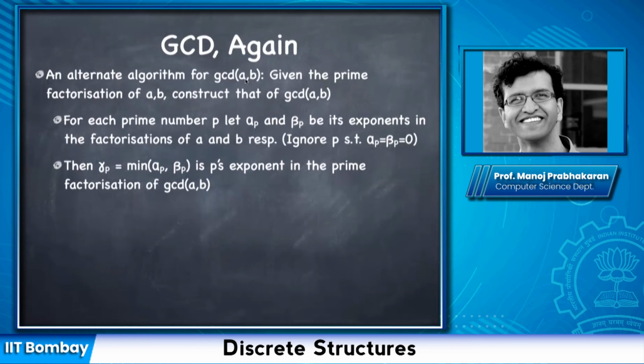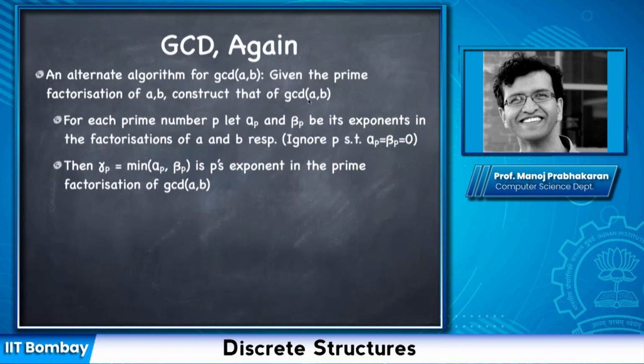To start off this algorithm, you need to factorize A and B. You need to find a prime factorization of A and B. From our theorems and their proofs, we know you can do it, even though not very efficiently. So suppose you're given the prime factorization of A and B. The plan now is to quickly figure out the prime factorization of the GCD of A and B. And from that, you can multiply them together and get the GCD itself.